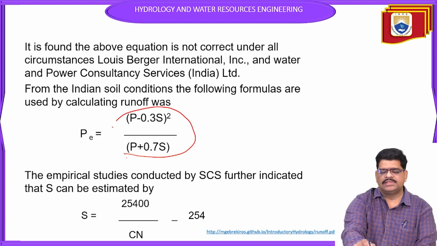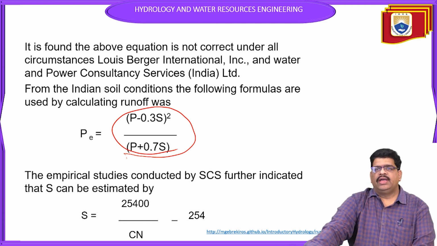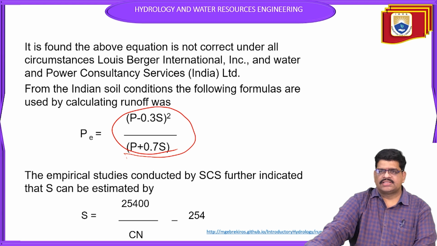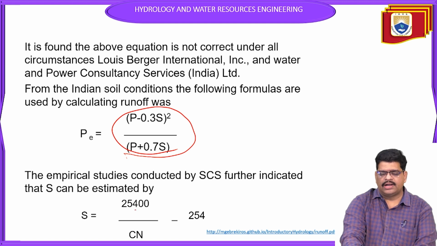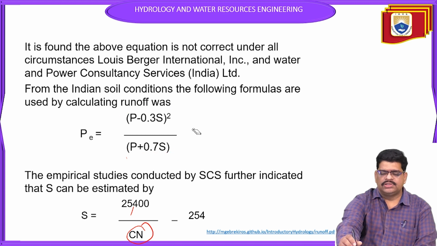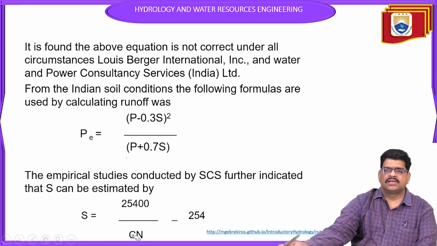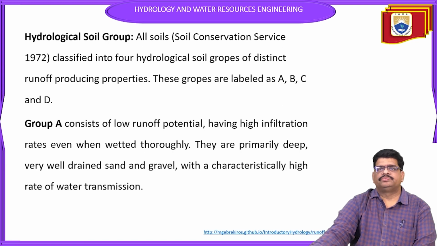This formula is generally used for Indian soil conditions, where the empirical studies of the SCS-CN method can be estimated. Here S is equal to 25,400 divided by CN minus 254. Here CN is nothing but the curve number. So by using the general Indian soil conditions, such formulas can be used.